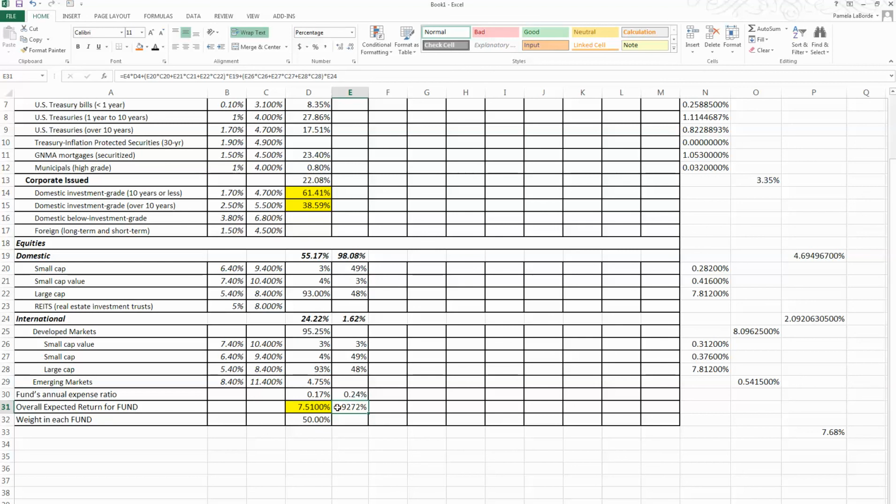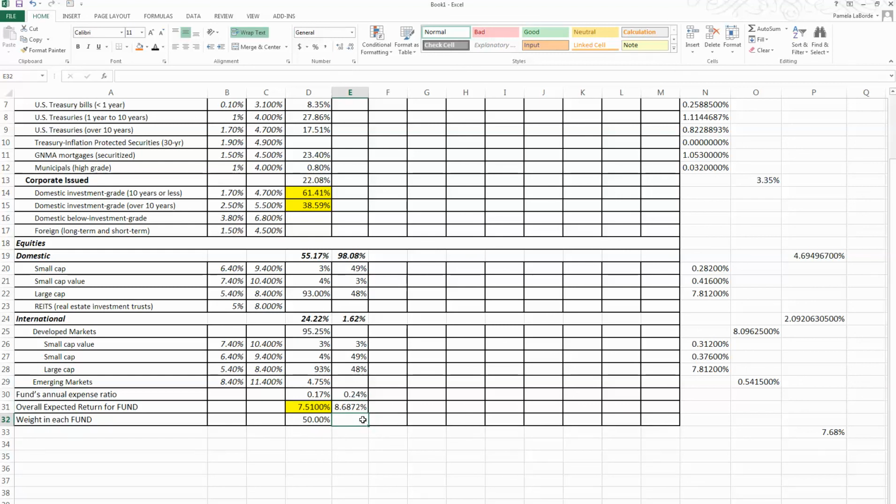So if I'd gotten a number for E31 that was less than D31, that wouldn't make any sense based on the types of funds they are. So now I've got to deduct the 0.24% return. So there's my revised after-expense expected pre-retirement number for the fund.